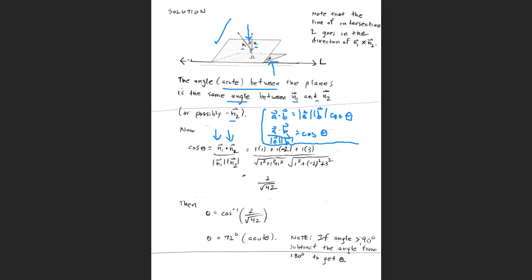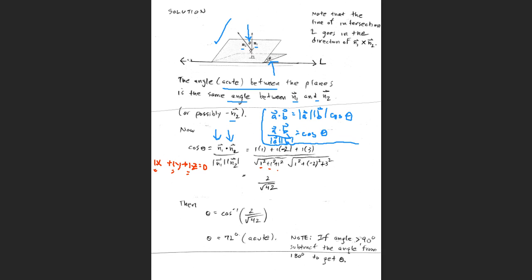So just for reference, the first equation of the plane was 1x plus 1y plus 1z equals 0. So hence 1, 1, and 1. Those are the components of the first equation of the plane.